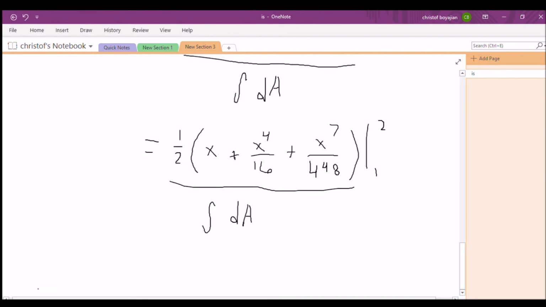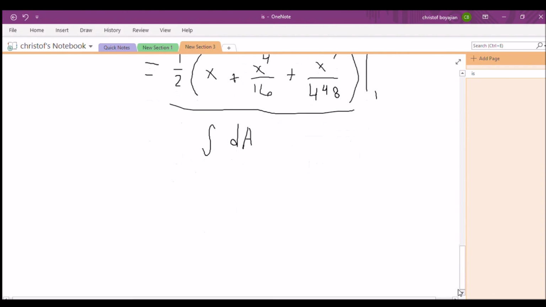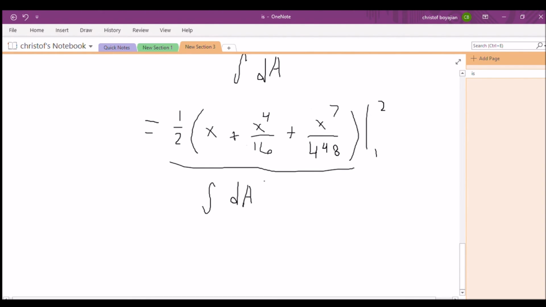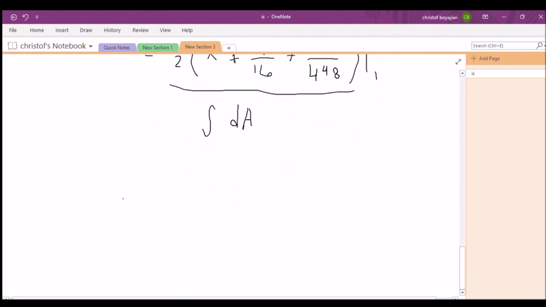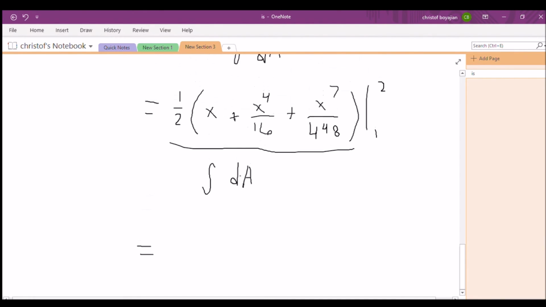All right, so the rest is basically just plug and chug. So go ahead and try to see if you can do this on your own. I'm not going to simplify this. So you should end up getting the y centroid, once you evaluate all of this and replace dA, remember, replace dA with 47 over 32.